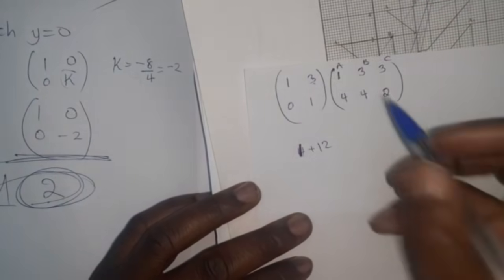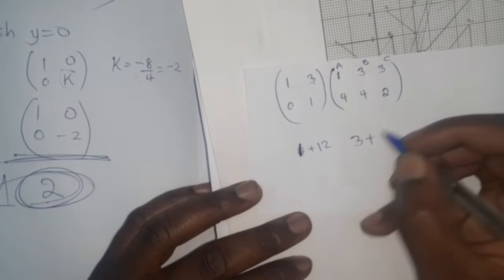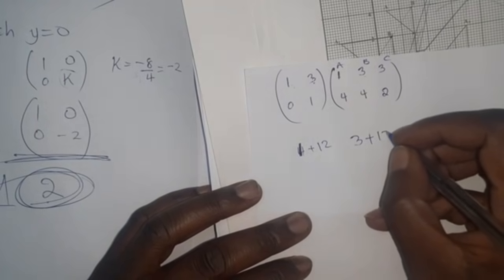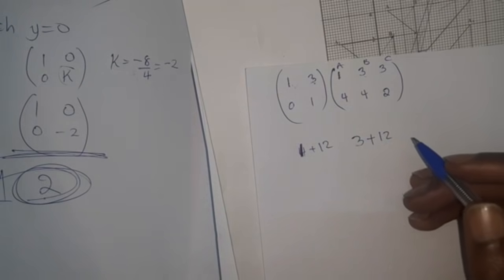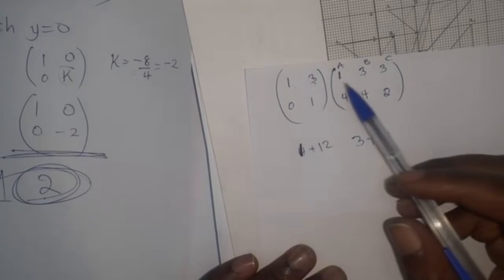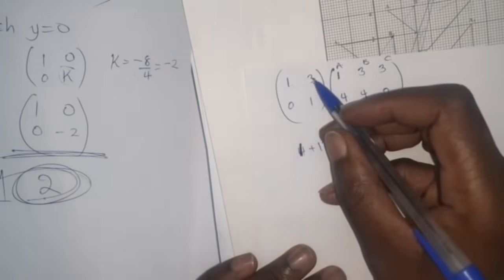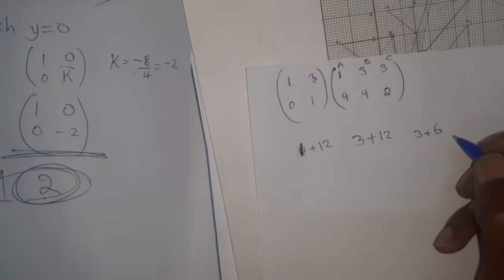We move on to the next one. 1 multiplied by 3, we are getting 3, plus 3 multiplied by 4, we are getting 12. Then the next one is 1 multiplied by 3, we're getting 3, plus 3 multiplied by 2, we're getting 6.